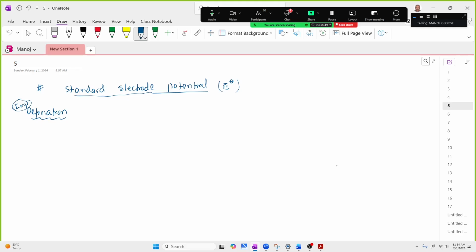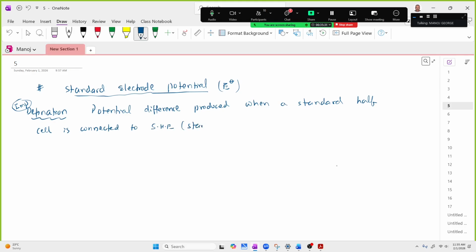Definitions are usually worth 2 marks, rarely 3 marks, but definitely 2 marks here. So the definition: it is the potential difference produced when a standard half cell is connected to the SHE, which is your standard hydrogen electrode, under standard conditions.